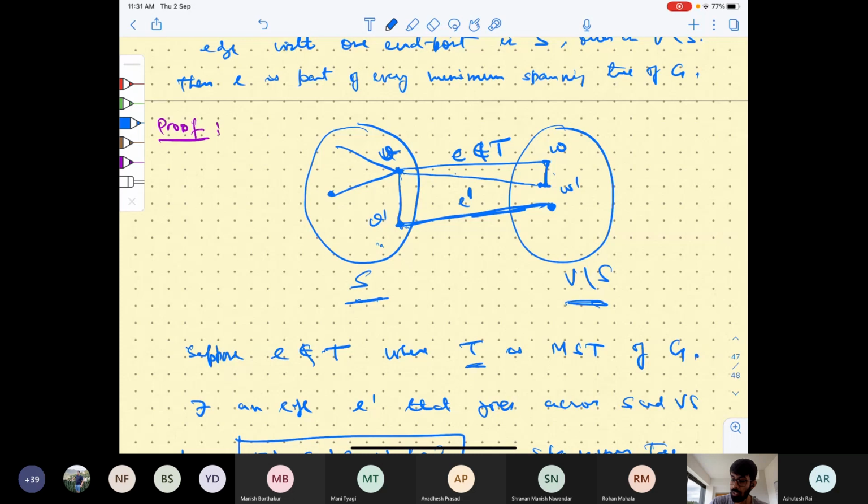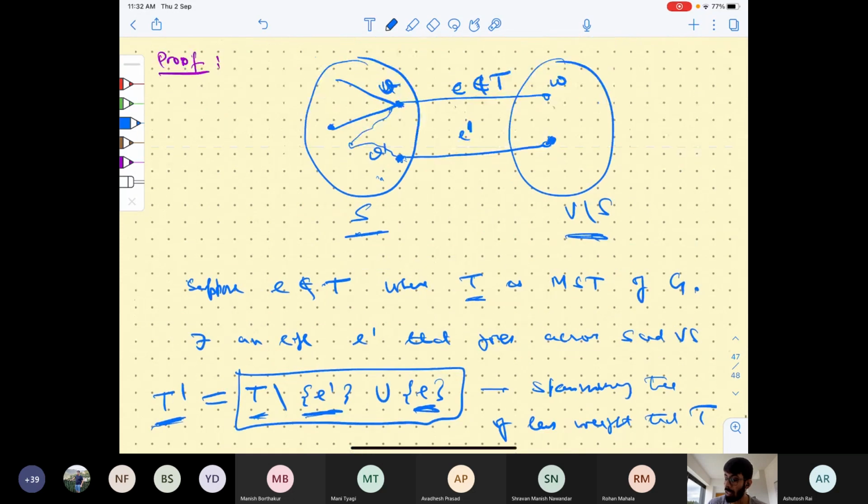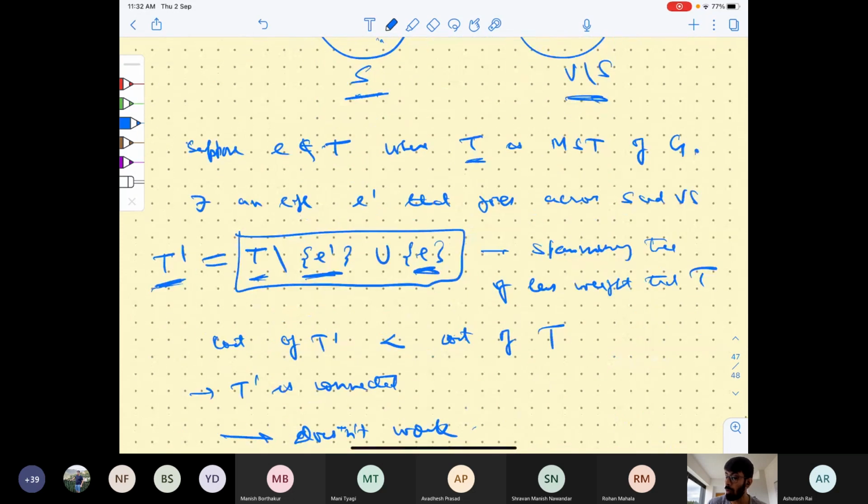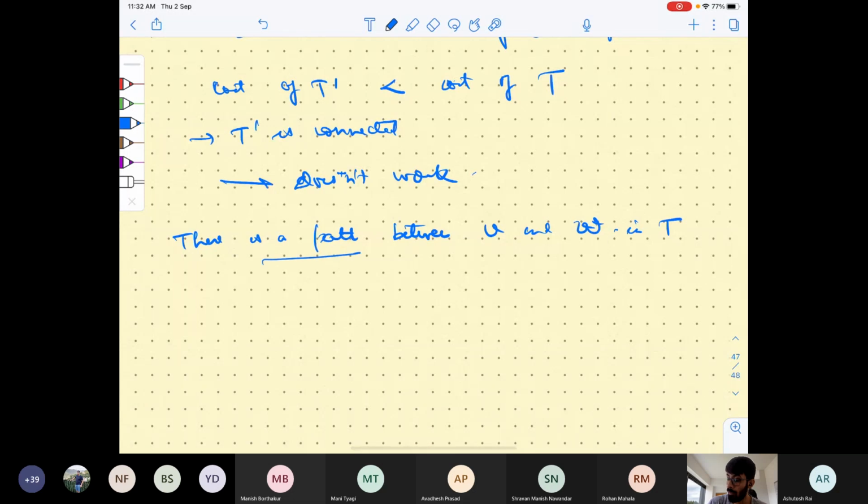So that means there has to be some path. Let me remove these. So there is some path. It goes somewhere here, then it comes to some vertex, then it comes to some vertex. That path has to leave S and come to V minus S at some point.